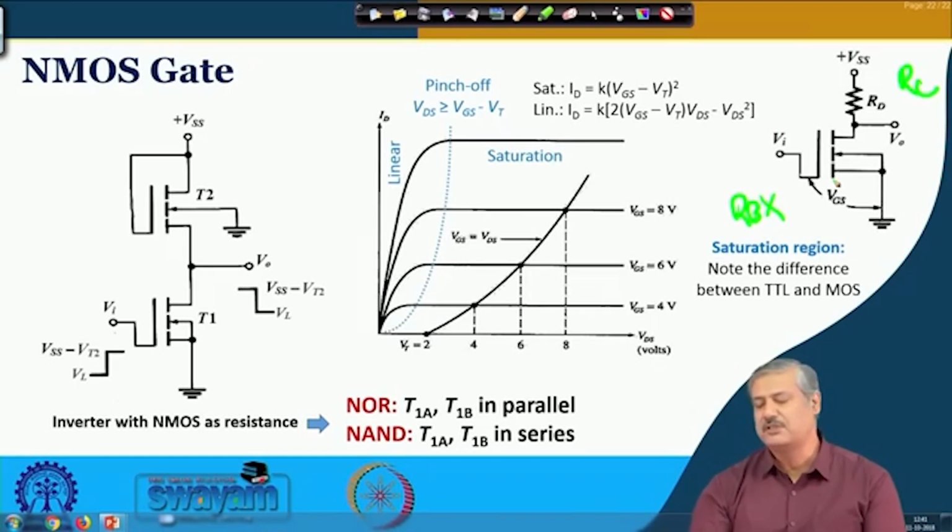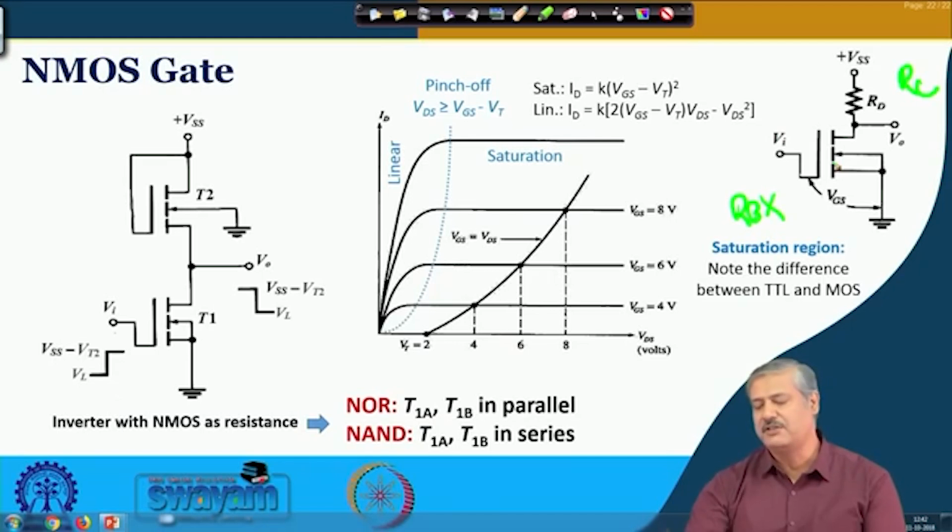Enhancement means that when a particular voltage, called the threshold voltage, is applied, an n channel is formed. As long as the voltage remains more than that, the channel is there and the current flows. If it is less than the threshold voltage, the channel is not formed and the current will not flow.